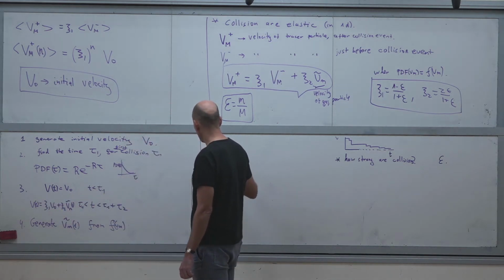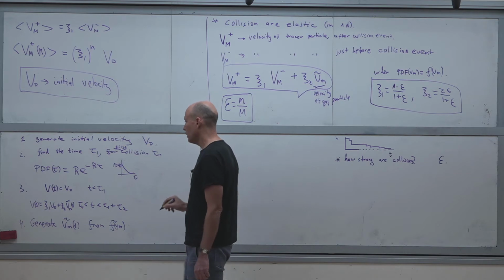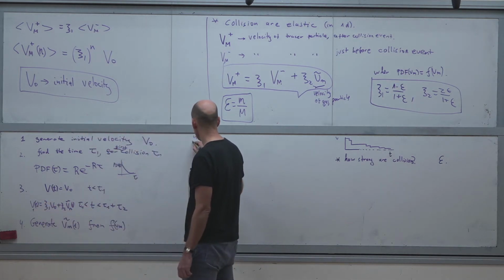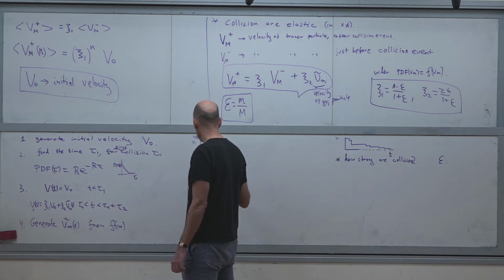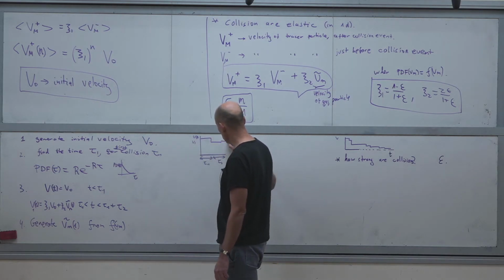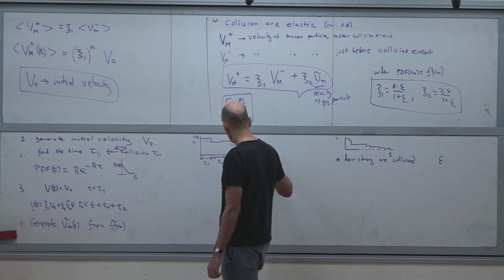So if microscopically it looks something like this, V of t, it's V0, and then it goes to V, maybe we call it V1. This is after the first collision. This time is tau 1. And then I have similarly tau 2. And this, in principle, it can go up if you want, something like this.